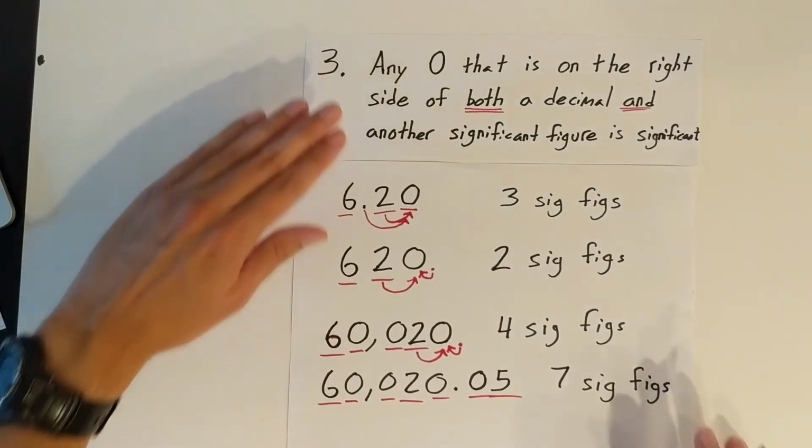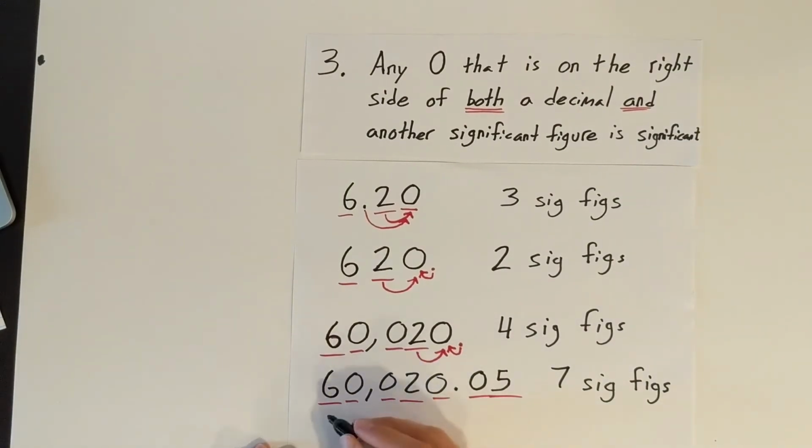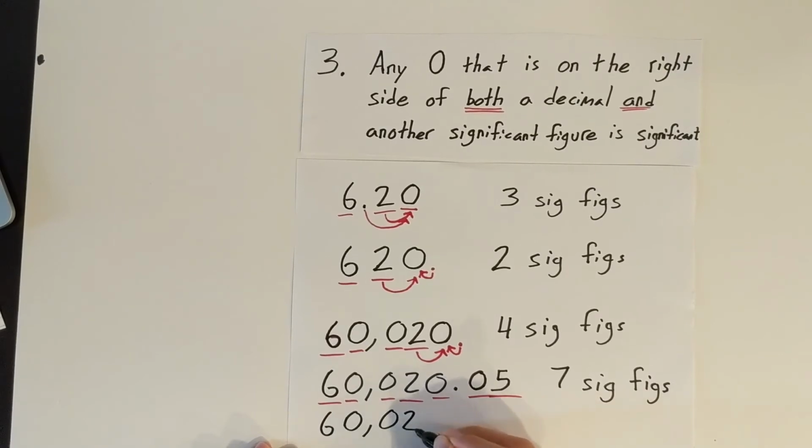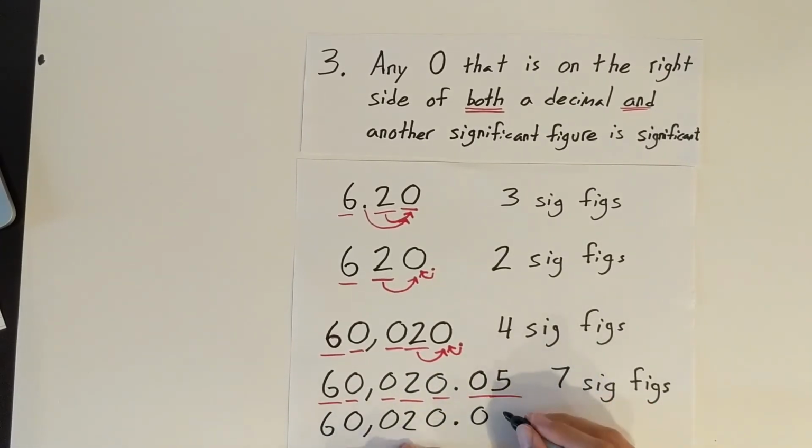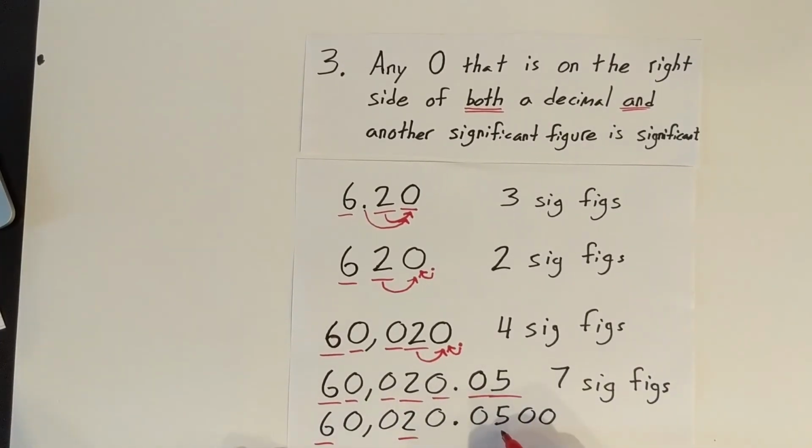And then let's take this one more time. All right, so what if we had this number here? 6 is significant, 2 is significant, 5 is significant.